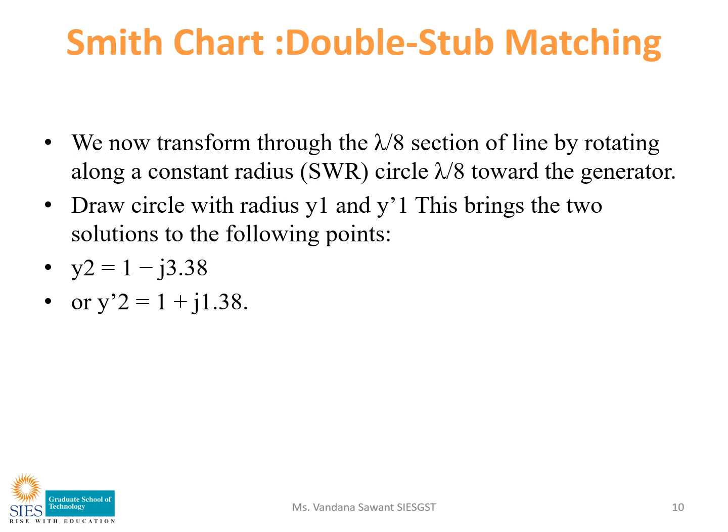Now we need to find out the length of the stub to nullify this susceptance, that is the Jx values, that is to nullify this minus J 3.38 and plus J 1.38. So we need to find out the wavelength at plus J 3.38 and minus J 1.38.